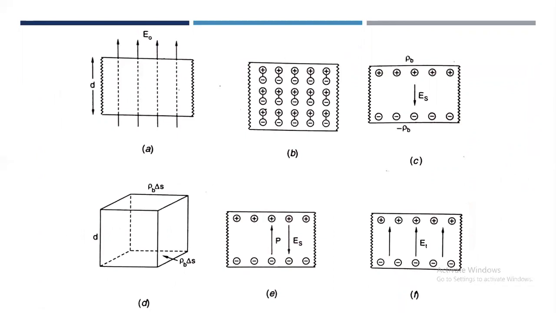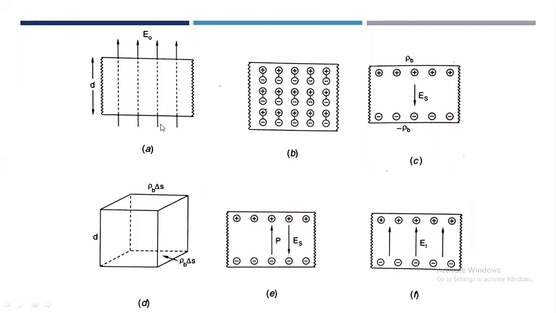You can see in figure A the slab thickness small d, and also in figure D a thickness of slab d. It is subjected to an applied external field E0 as shown in figure A.